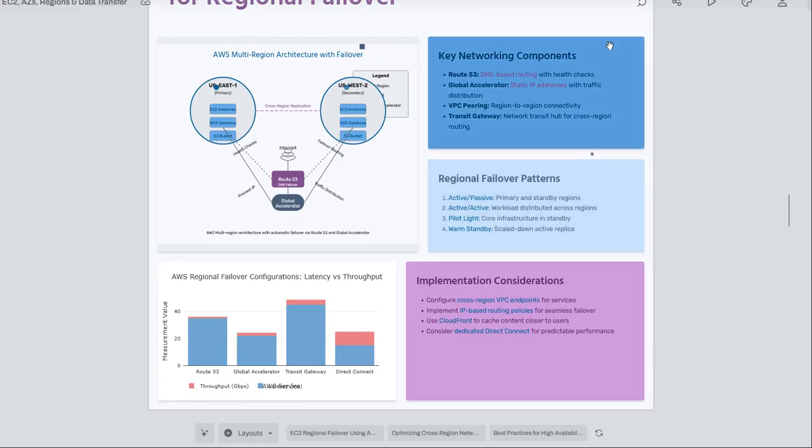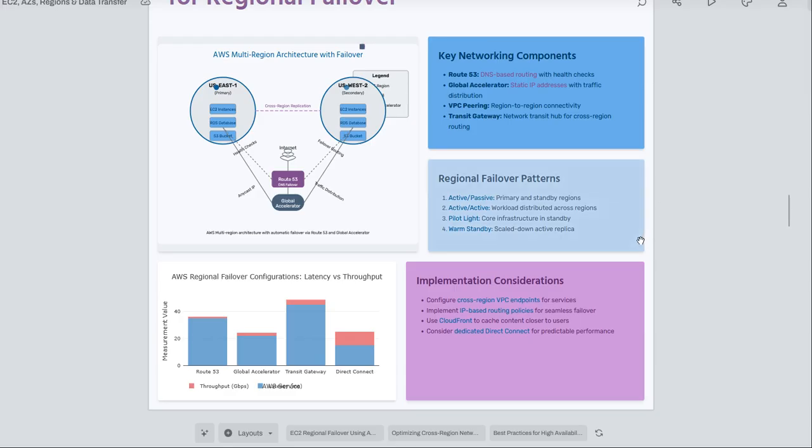As we explained in a previous video, we have different regional failover patterns. Active-passive: one is primary and one is standby. And then active-active: the workload is distributed across regions, which is the most expensive.